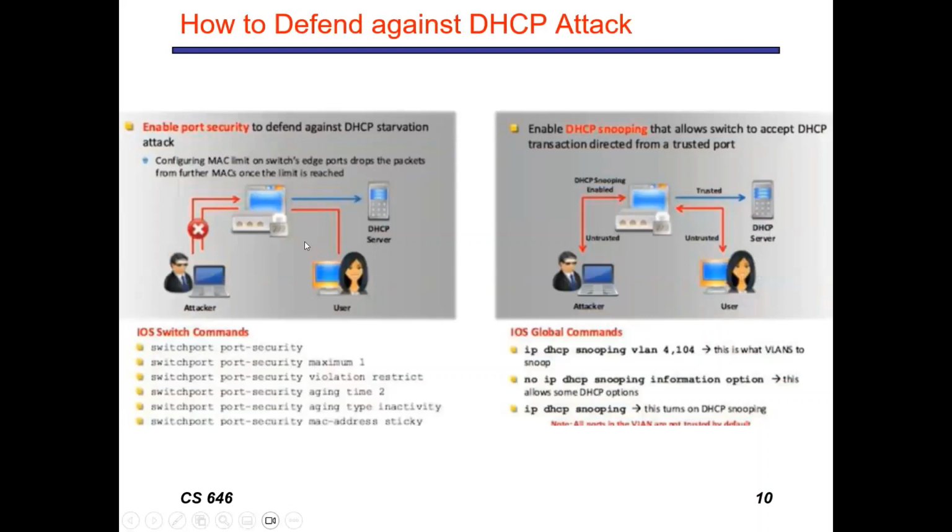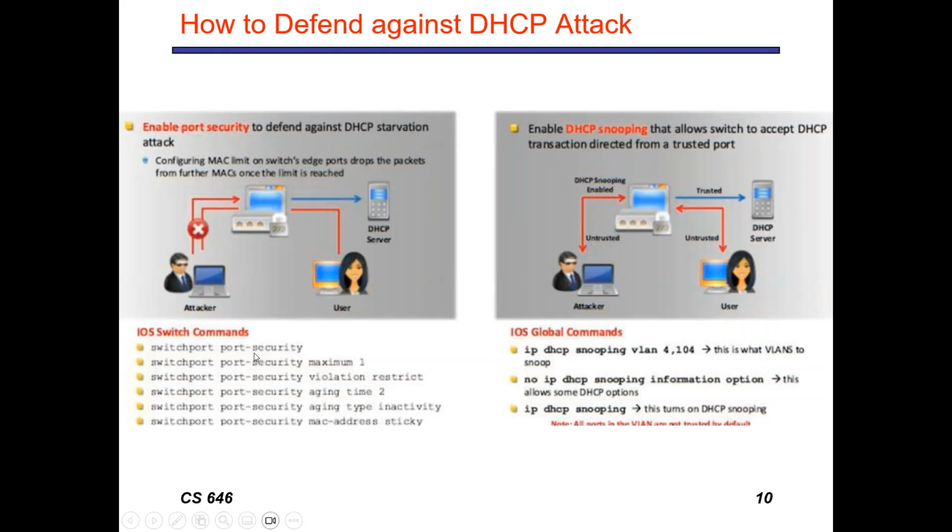So the question is, how do we defend against the DHCP attacks? Well, one of the ways to protect or defend against DHCP attacks is that you can enable port security on the switch. We have already discussed in layer 2 how the port security can be configured.